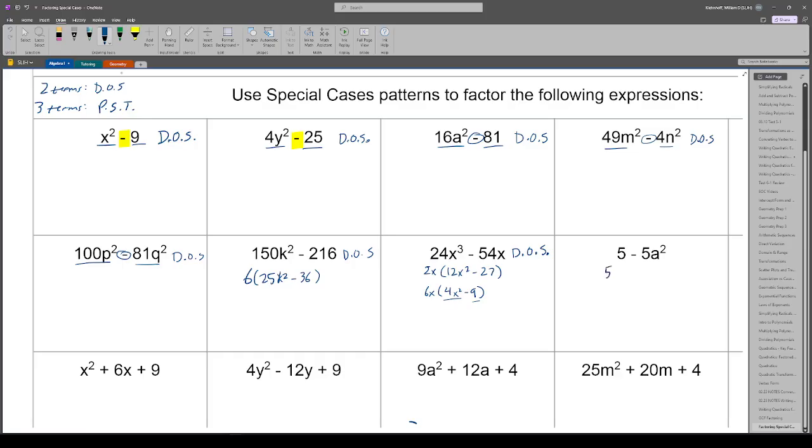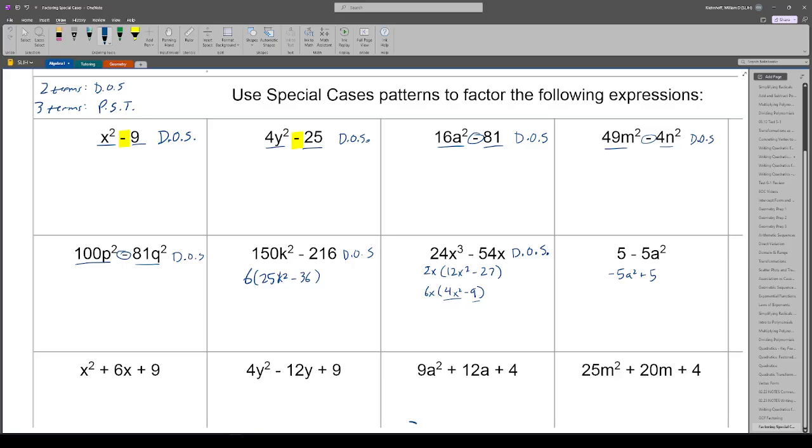This one we can factor out 5. We're left with 1 minus a squared. This is not well written because we want the a to be first. So what I'm going to do is actually rewrite this at the beginning into standard form and put negative 5a squared plus 5.